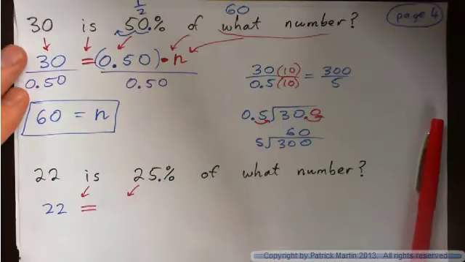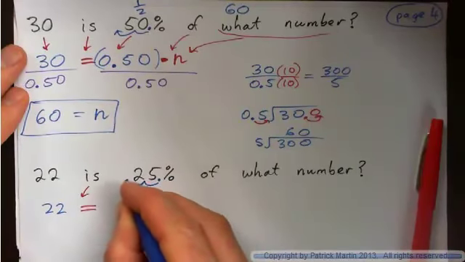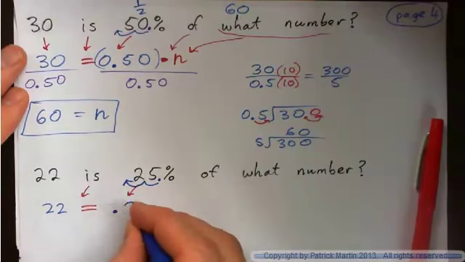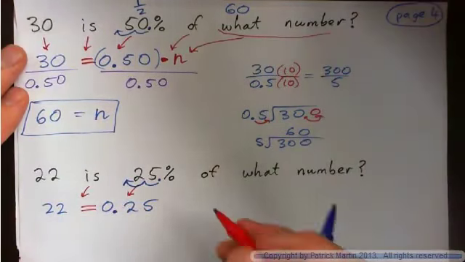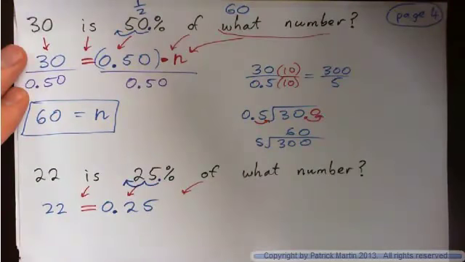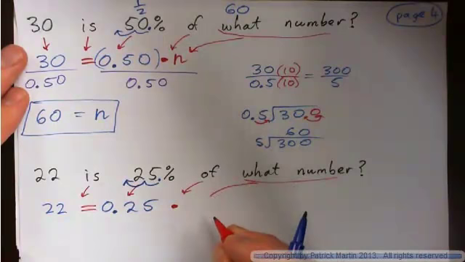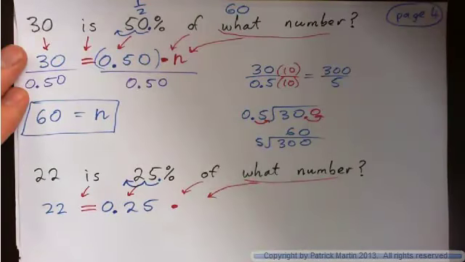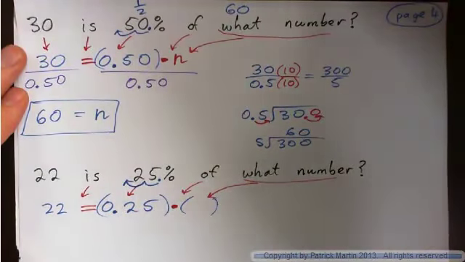Take the decimal point and move it where? 1, 2 spaces to the left. 0.25. Of becomes what? Multiply, right? And what number becomes what? So it's 0.25 multiplied by what number, which just becomes some letter like n. You can plug in a letter.